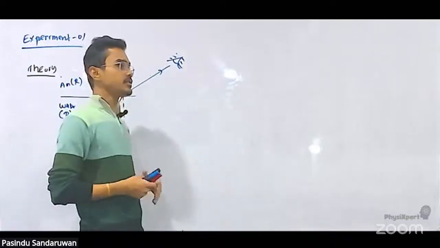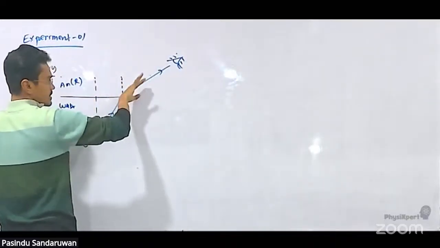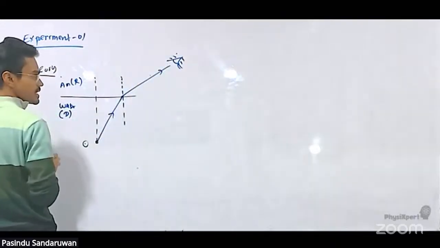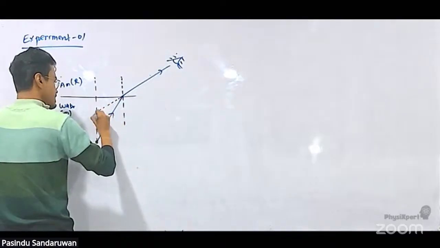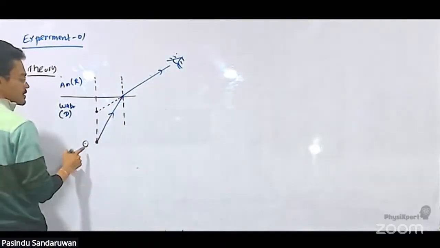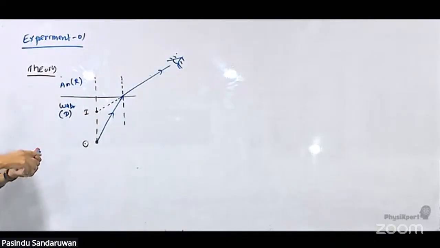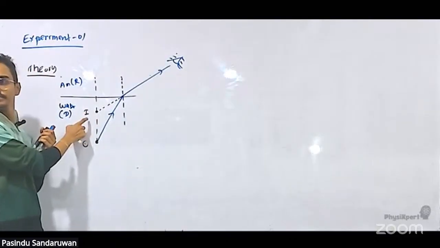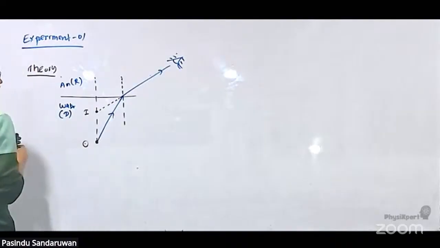So it is like it is coming from here. The actual object was here, but the light ray appears to come from here, so we observe the image somewhere here.